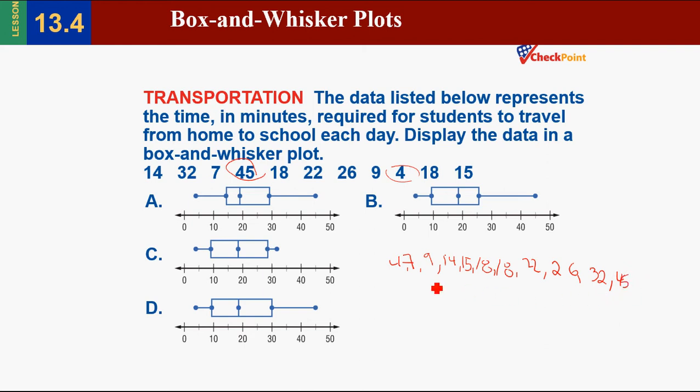After we've organized our data, what do we find? We find our median. Counting 1, 2, 3, 4, 5, 6, 7, 8, 9, 10, 11, the middle is the sixth value, so our median will be right here, 18. Then we find the median between each of the other two halves.